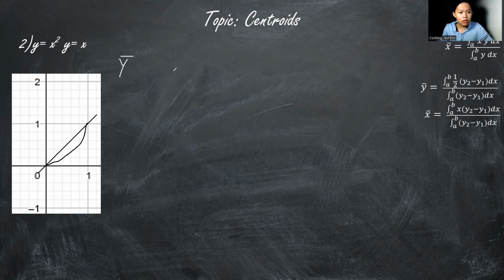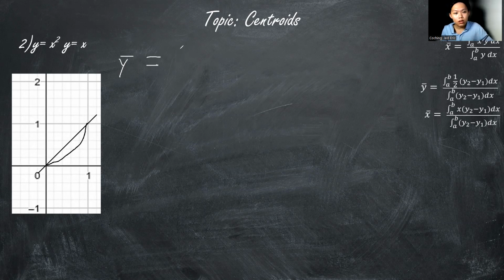So the centroid of y is equal to, as we can see, the intercepts based on the x-axis are 0 and 1.